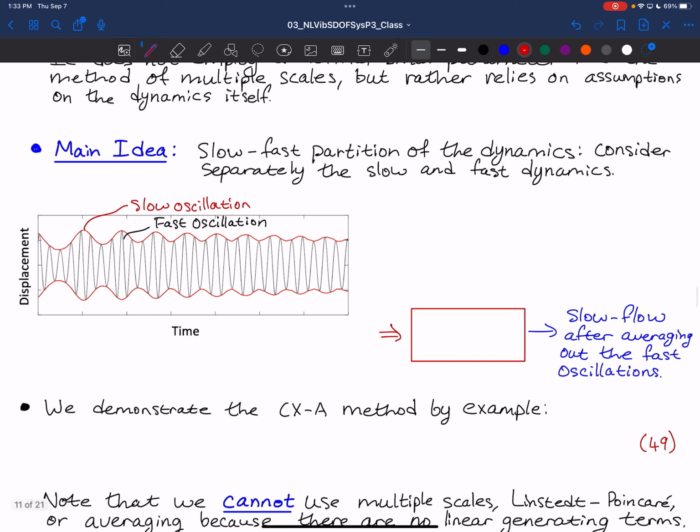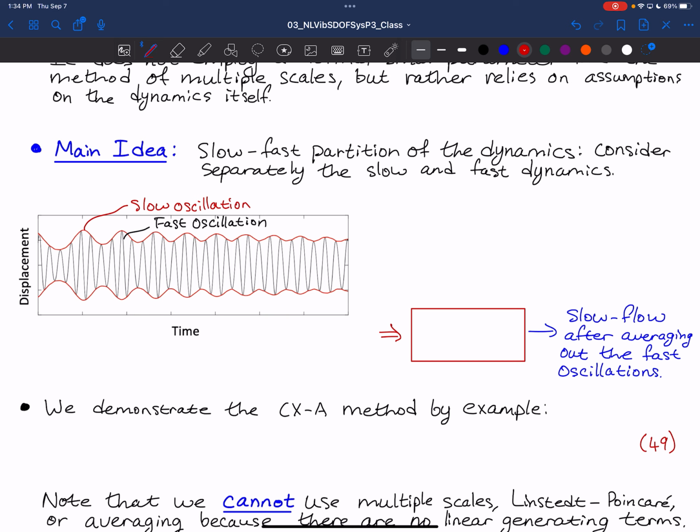All right, so the main idea is that you can make this slow, fast partition in the dynamics and then consider separately the slow dynamics. That's that slow modulation. You can see I've, again, put in our fast oscillation with a slowly modulating amplitude. So the idea is that we can separate and consider each of them separately, the slow and the fast dynamics.